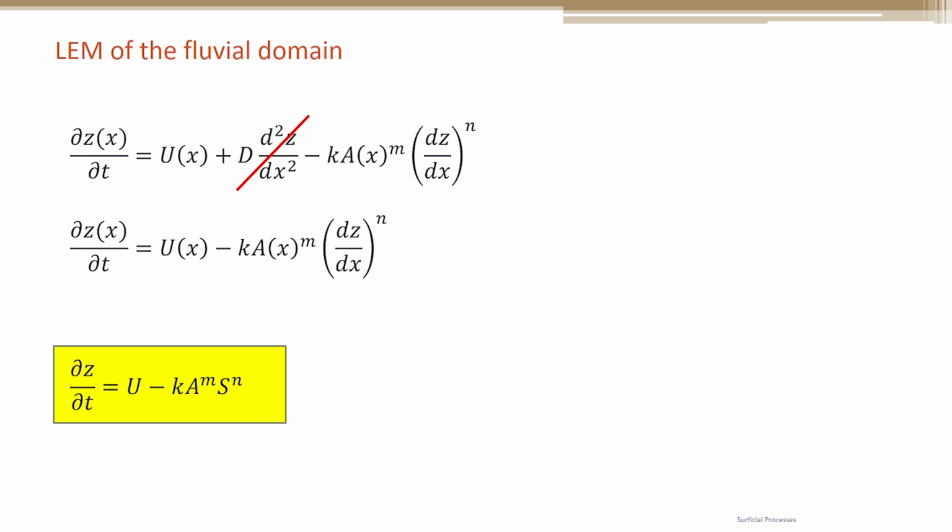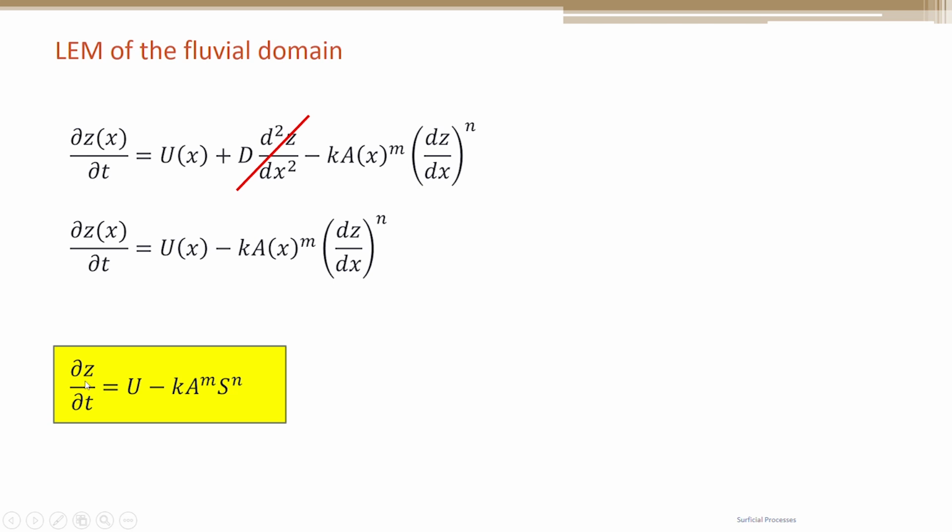Everything is driven by the rivers that incise. And that's quite a good assumption for some mountain landscapes where rivers provide the pace at which a landscape erodes. Then we can just remove that term, have just that term here. And this is actually the stream power model.